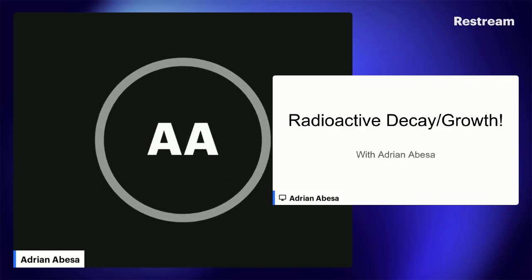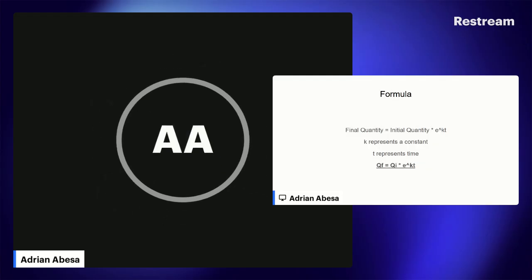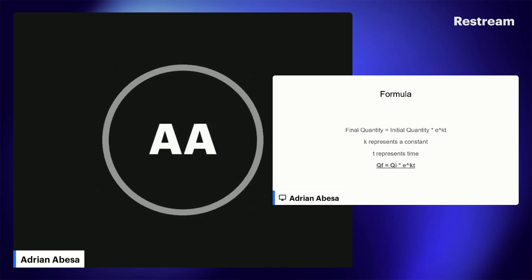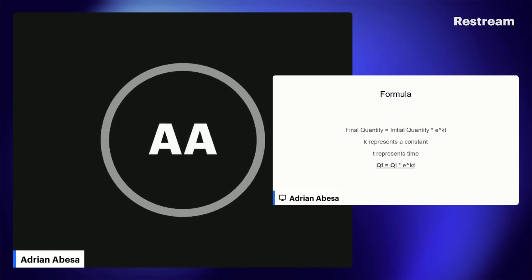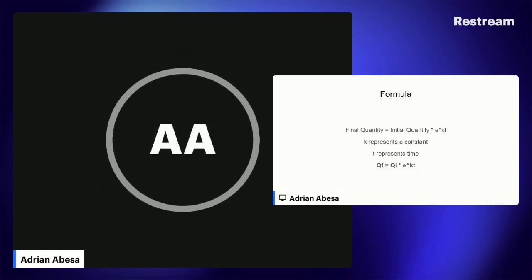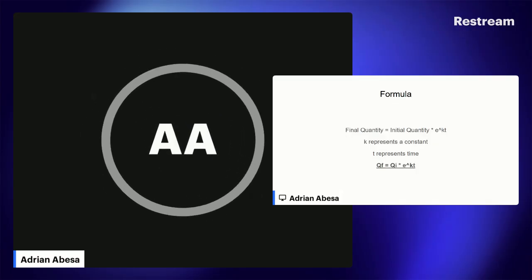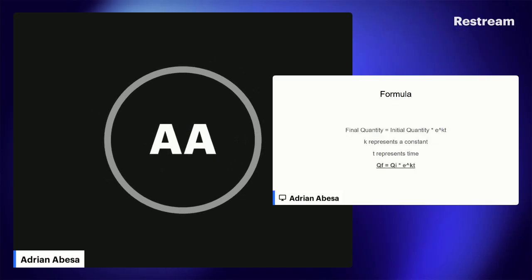Anyways, let's get started. So first, the basic formula: your final quantity, which is what you're looking for, is the initial quantity times E, which is a constant that you can typically find in your calculator, depending on what calculator you have, to the power of K times T. Now, K represents a constant.